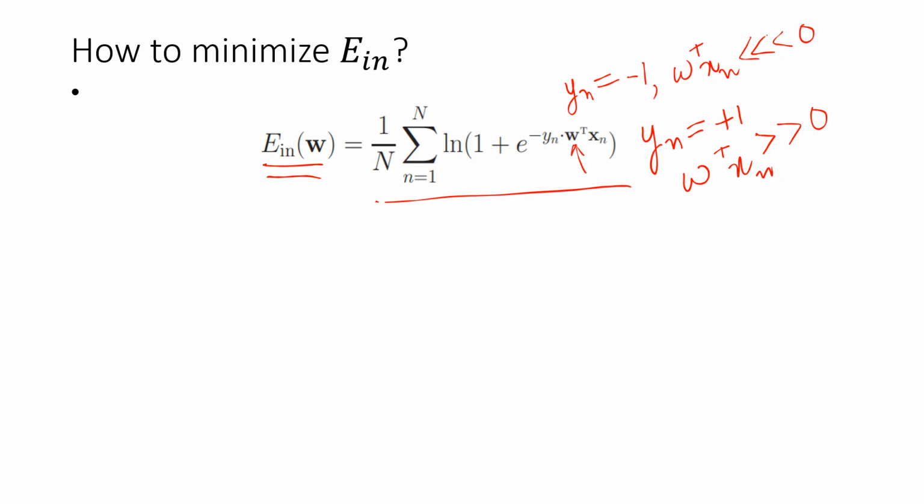Well, let's think about the classification problem that we looked at some time back. When we were doing classification, we used the pocket algorithm, the improved PLA, and so we improved at every iteration.